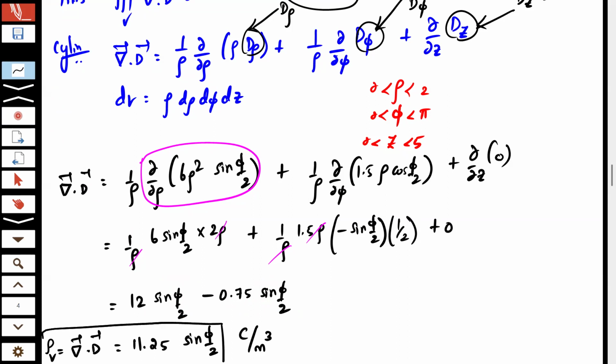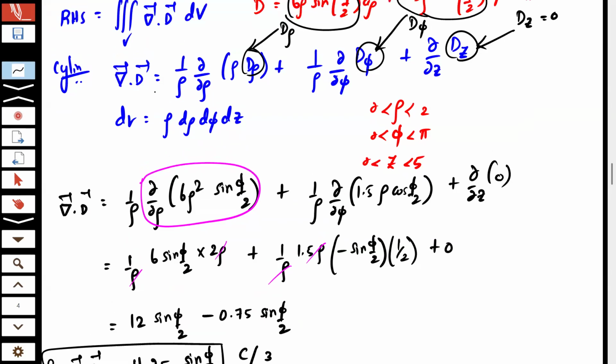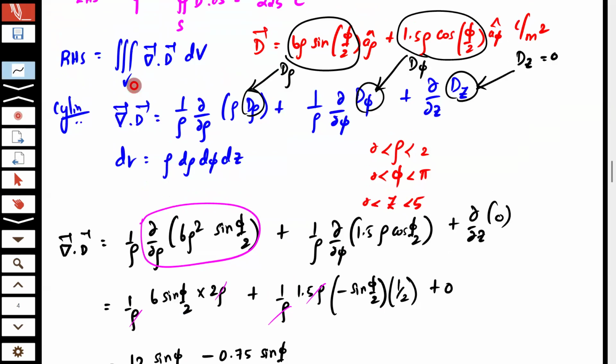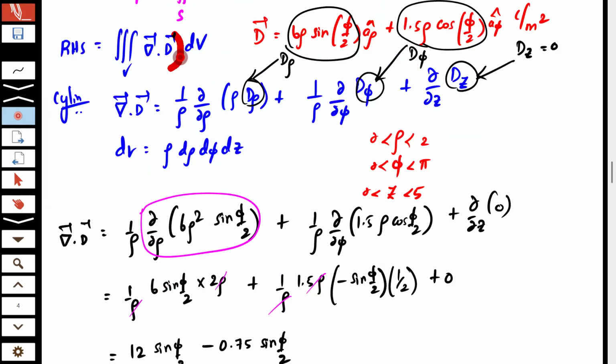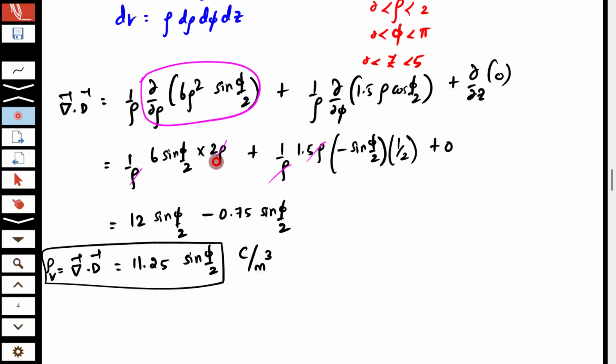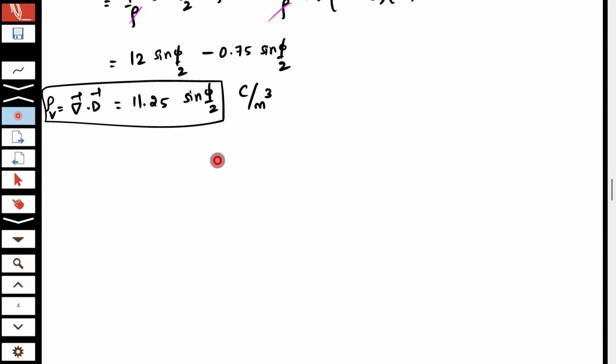So this has to be taken into volume integration to find our right hand side. We know our right hand side is the volume integration of this del dot D. Whatever we have found here, that has to be volume integrated to get the right hand side. So let us do that now. Our right hand side is going to be the volume integration of this del dot D dv.